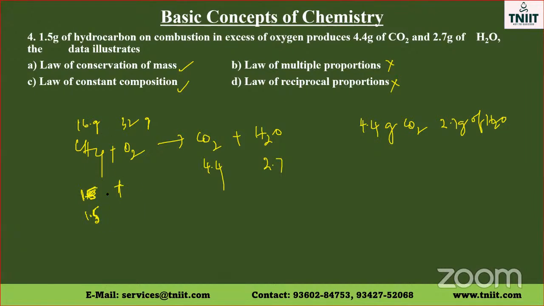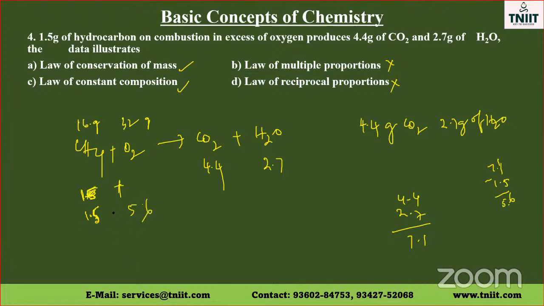So it will be 48. So 4.4 plus 2.7 is equal to 7.1. 7.1 minus 1.5 is 5.6. So it should be 5.6.